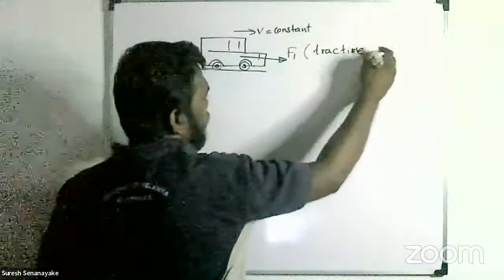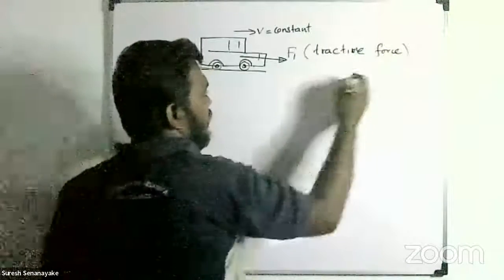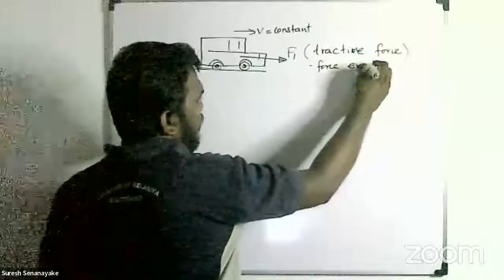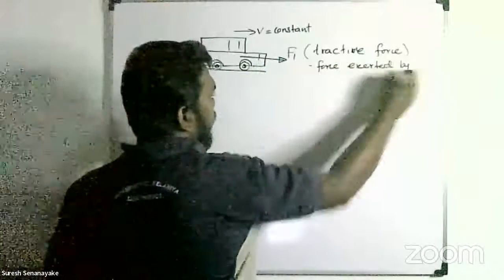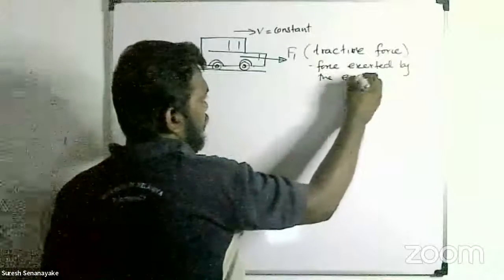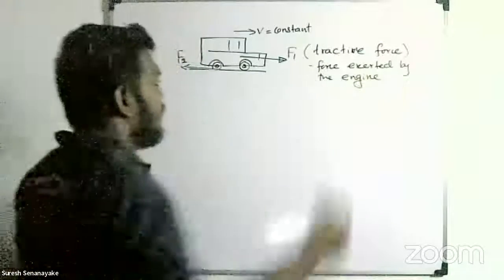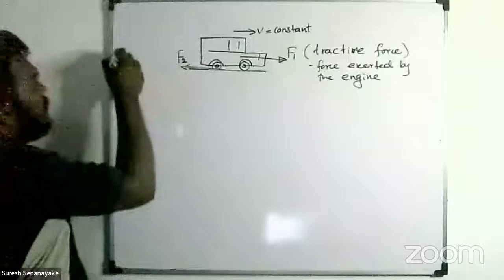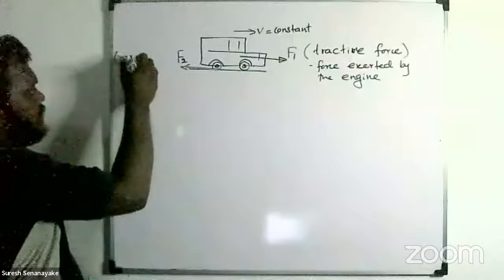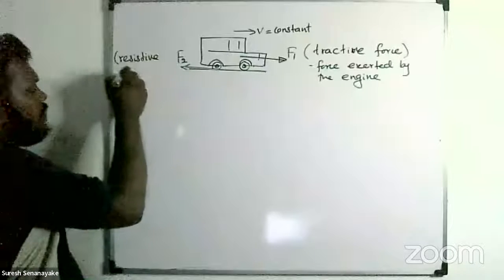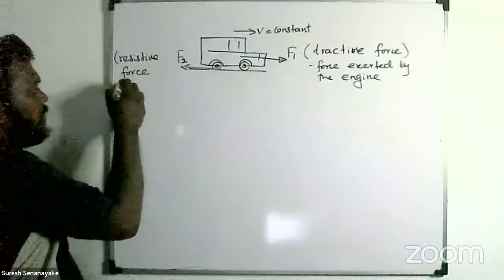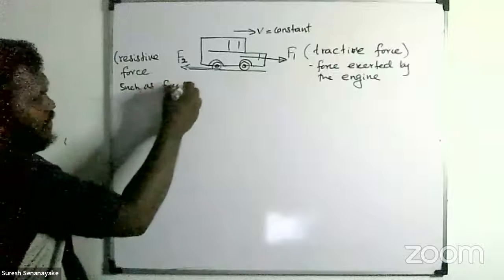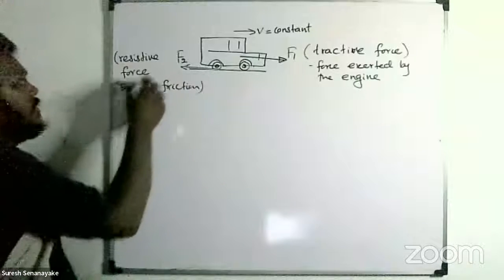Tractive force or traction. That is traction, which means the force exerted by the engine, because the engine will rotate the wheels and then give a force. And this is the resistive force, such as friction and air resistance. The total one we consider as the resistive force.